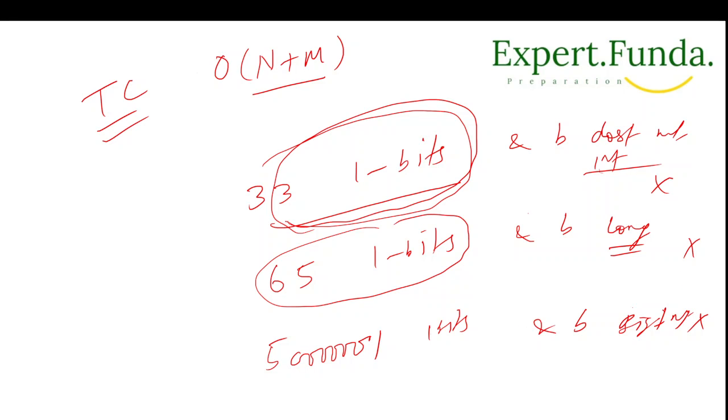So there are two things, first n and m. If we are taking 33-bit integer, 65-bit and then long, it will not work for you. So to fix this issue, we should use the standard bit by bit computation approach, which is suitable for long input strings.